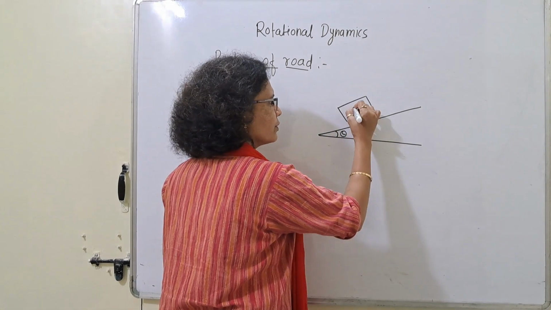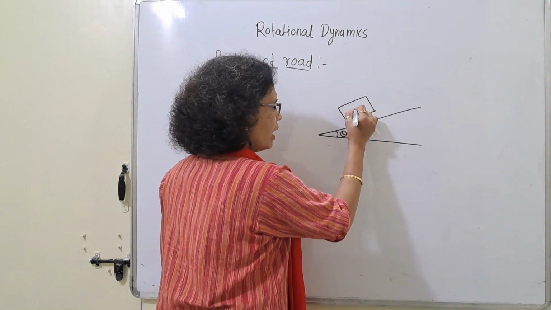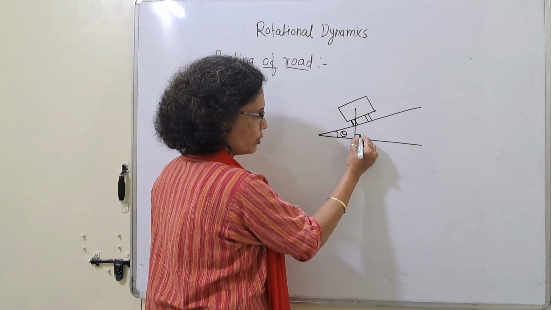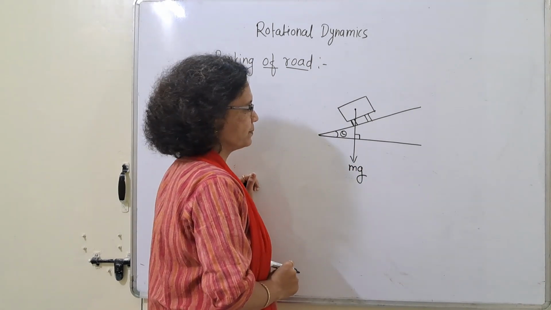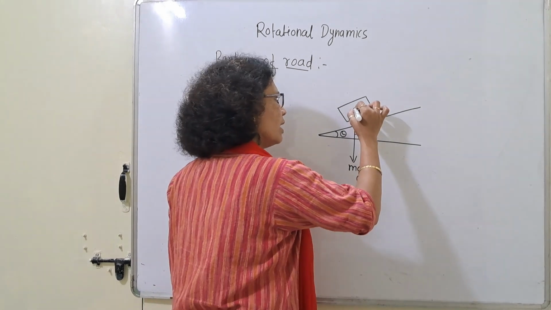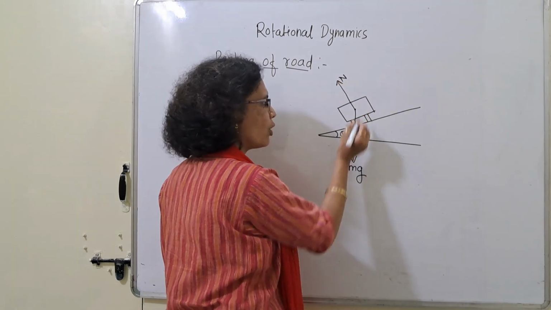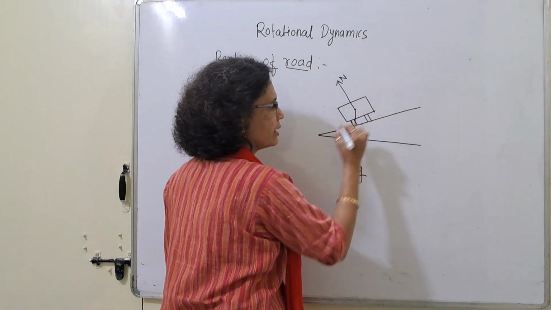Now we have to consider a free body diagram for this. The downward force exactly perpendicular to the horizontal will be the weight force mg, correct. Now this is the normal force acting on this vehicle by the inclined road, correct. This was made 90 degrees.